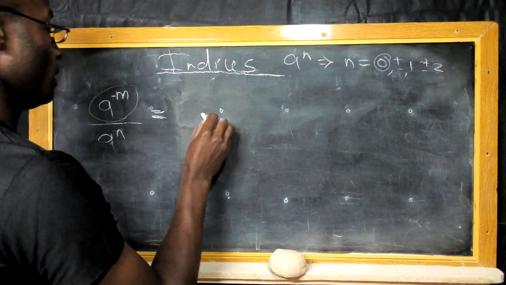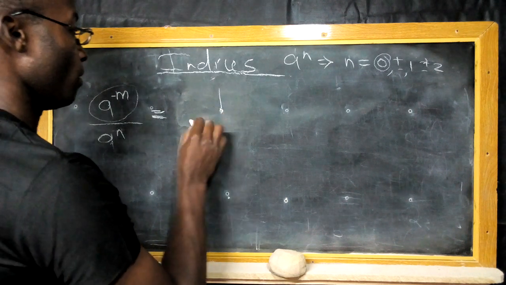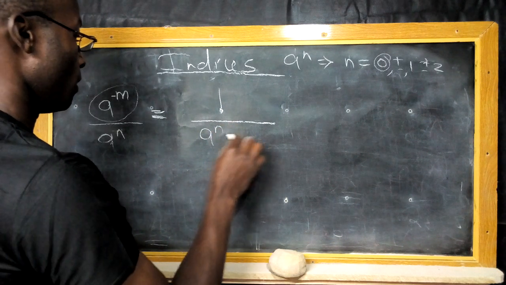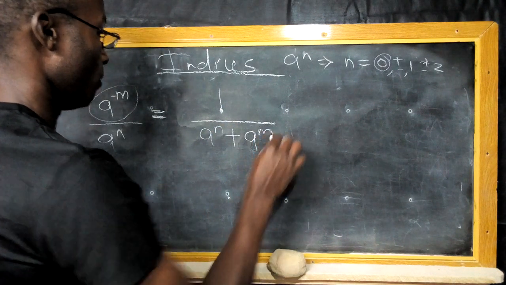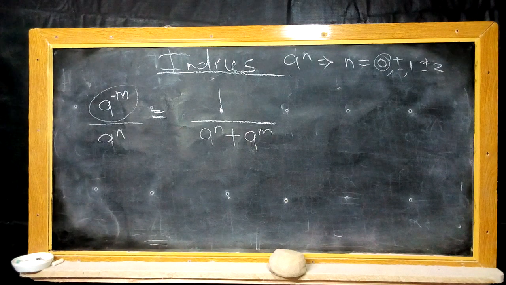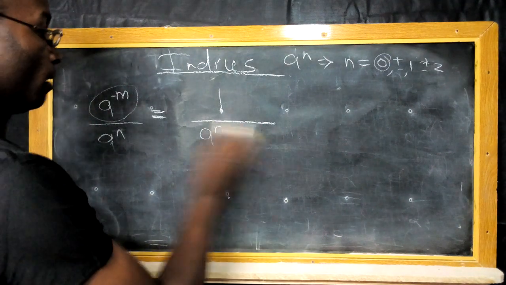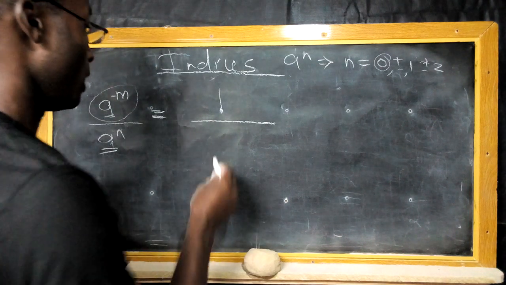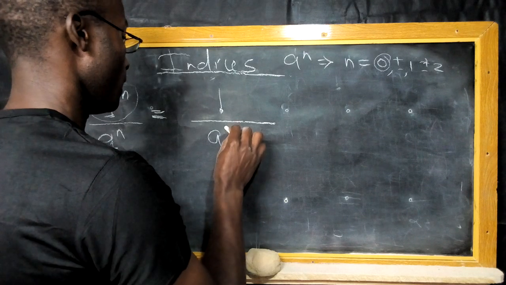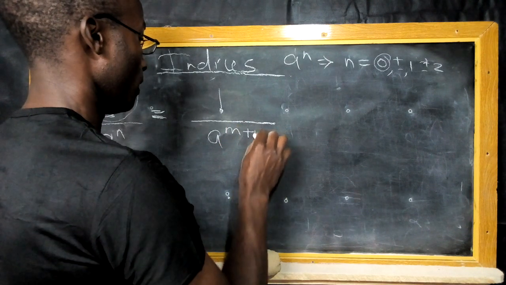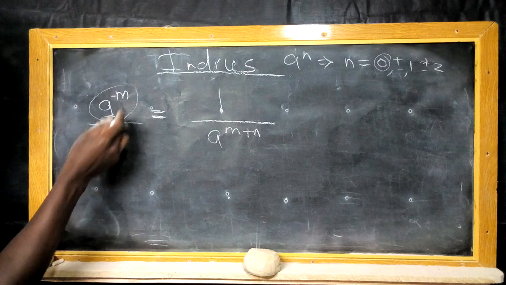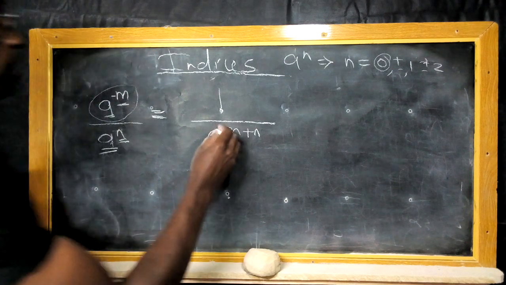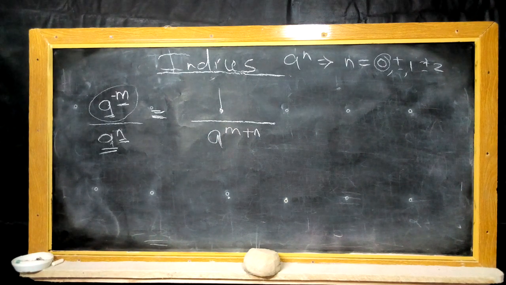So it will be 1 over, because of this negative sign, a to the power m, times a to the power n, because the numbers which have been raised to an exponent are the same, of course. So that one will be a to the power m plus n. We shall have to change this one to a positive because we have changed it into a fraction. So it will be 1 over a to the power m plus n.